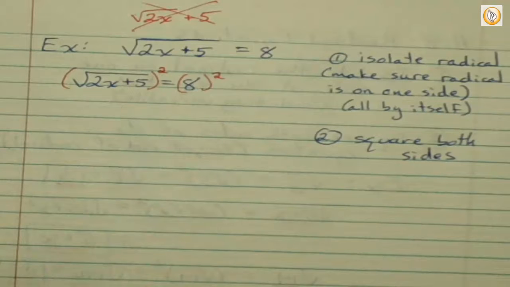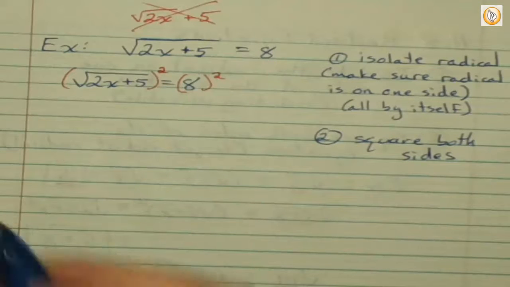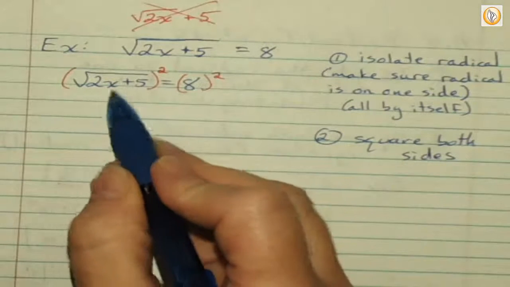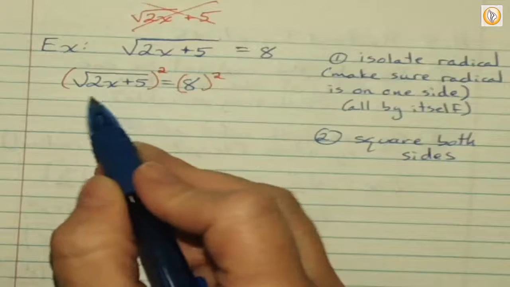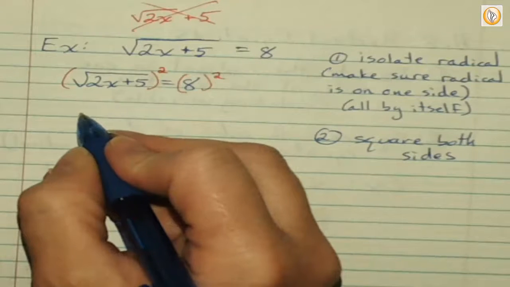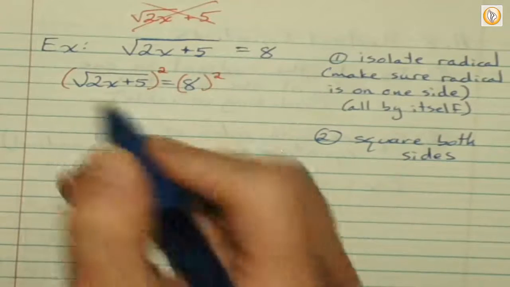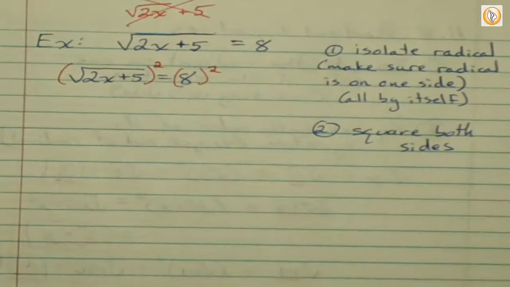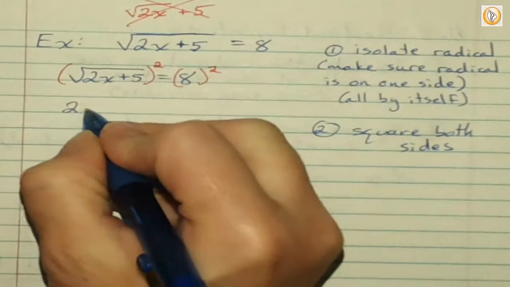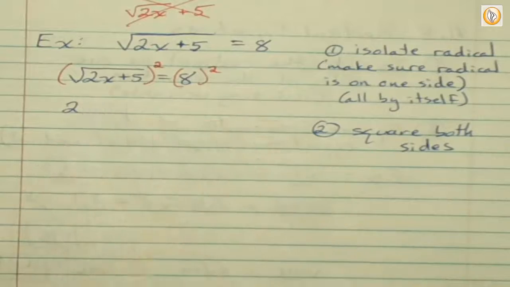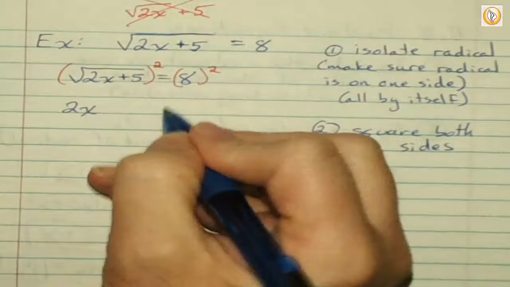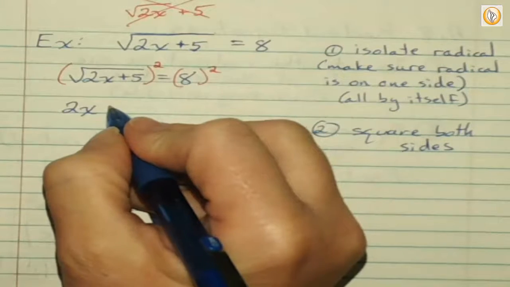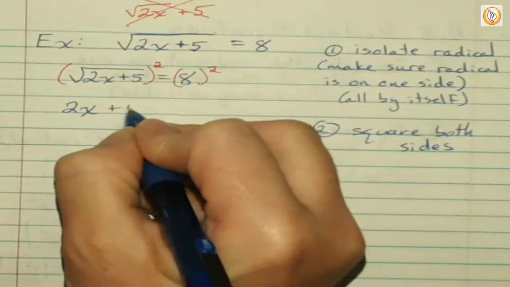Okay, so based on the examples that we did on the other page, Valeria, what would this end up looking like? What would be the end result? Plus 5.